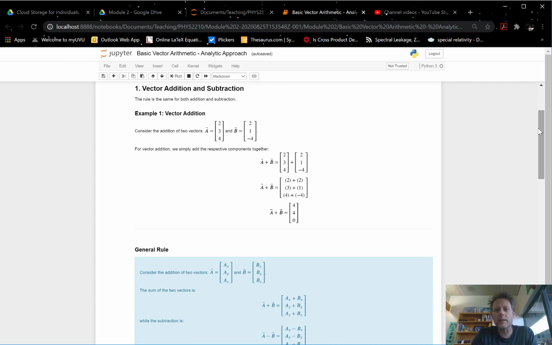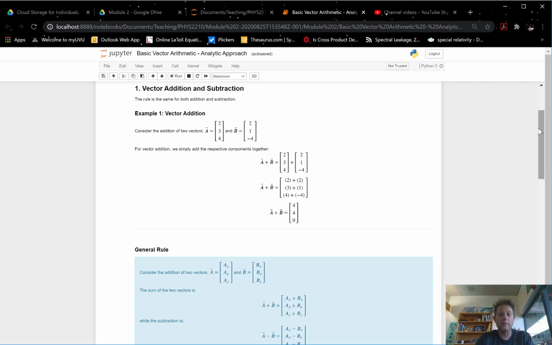What it translates into is that we can treat x, y, and z components independently. So when we're adding two vectors together, we're going to simply add the x components together by themselves, the y components together by themselves, and if there are any z components, we'll add those together by themselves as well.